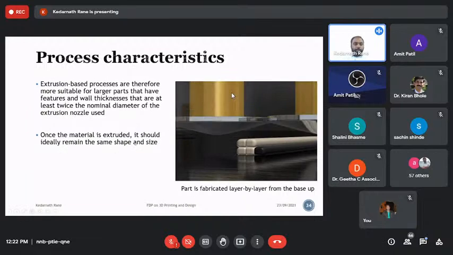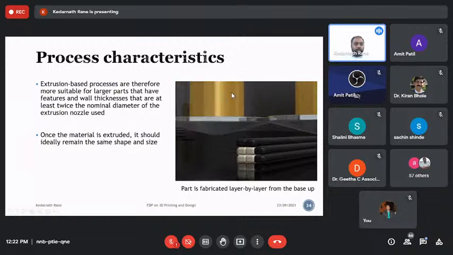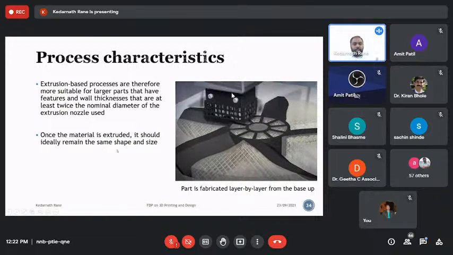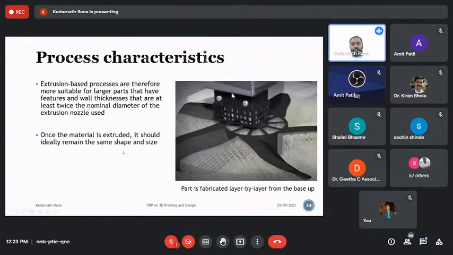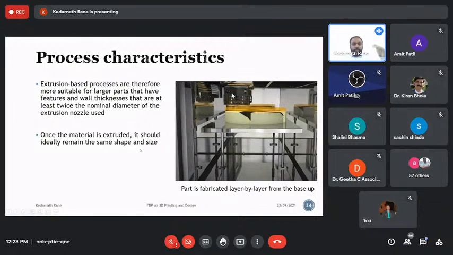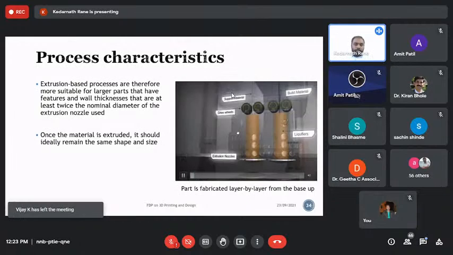Again, the stability of the material and the cooling rate is another aspect you should be aware of. It should remain solidified, and it should not have any warpage issues after deposition of further layers, because there is heat coming from the newly deposited layer.